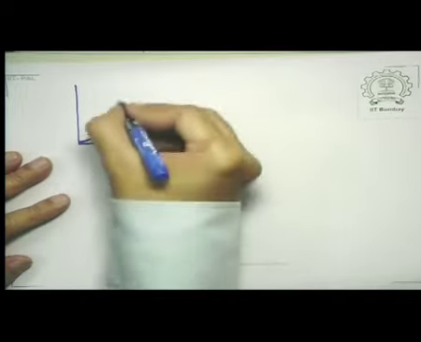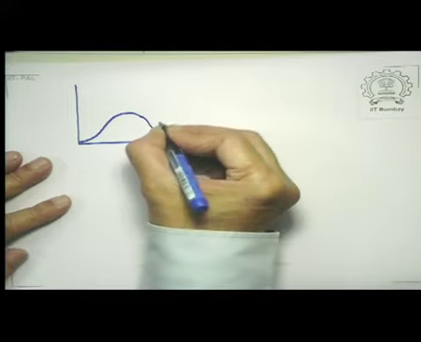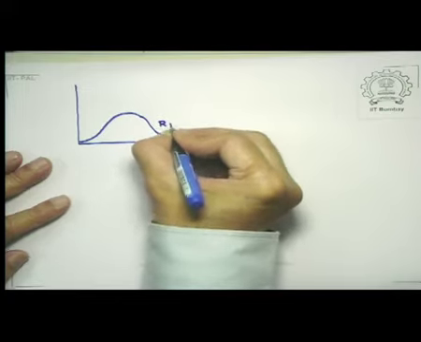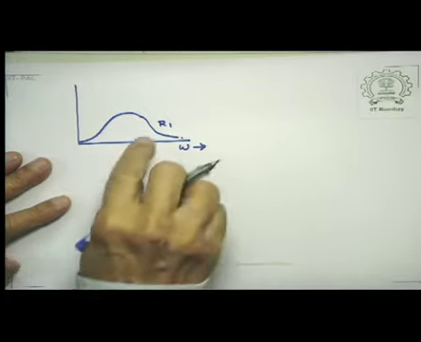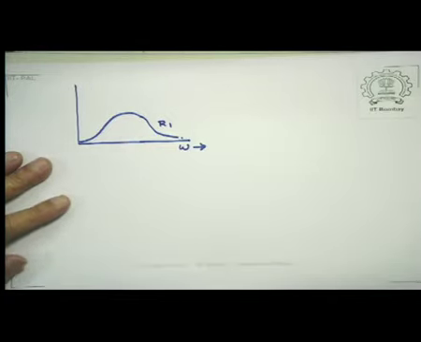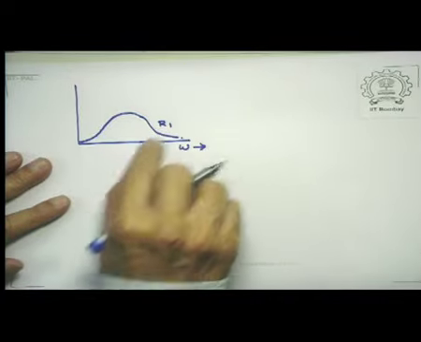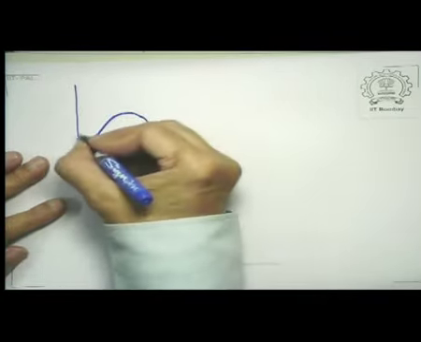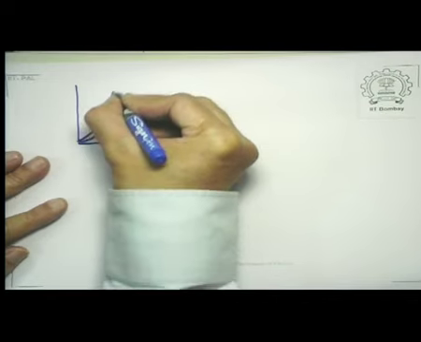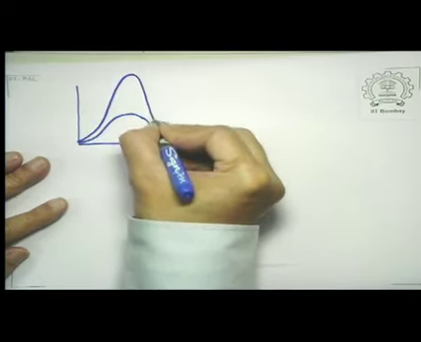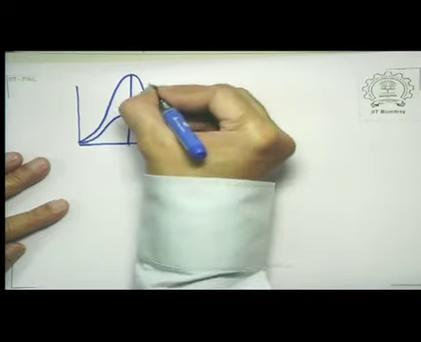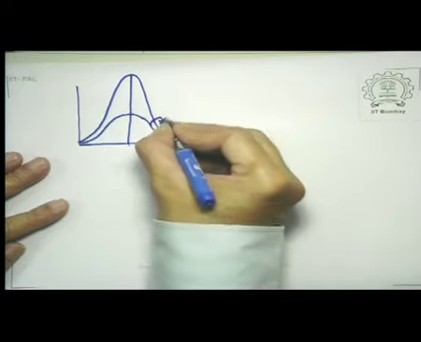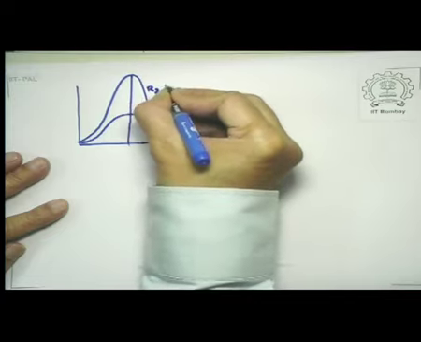So this, for instance, is for a particular value of R, let's call it R1. Now suppose I decrease the value of R, making it, let's say, R2, which is less than R1. Then what will happen is that it will become sharper and the maximum current will be more.